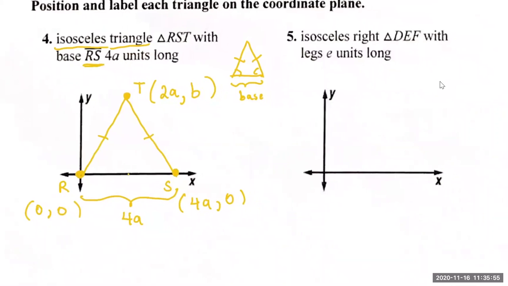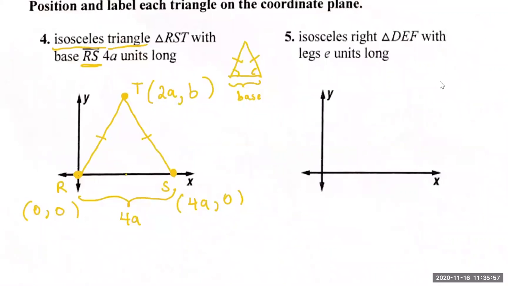Okay, so the next question is an isosceles right triangle. And so where you put the right angle is going to depend on the way that the question is phrased. But in this case, they said isosceles right triangle with legs of e units long. So it makes sense to me that maybe I want the right angle to fall right at the origin.